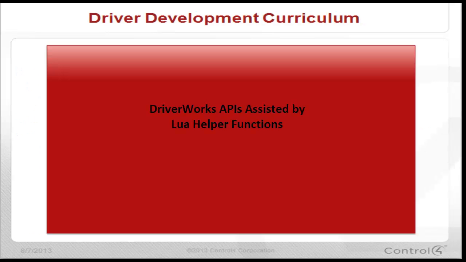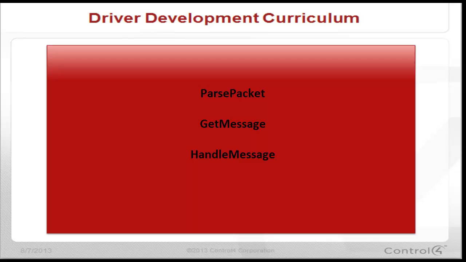These APIs do not work alone. They are assisted by a series of what we refer to as helper functions that can perform numerous actions on the data string once it is trapped by the API. Some of these helper functions include ParsePacket, GetMessage, and HandleMessage.